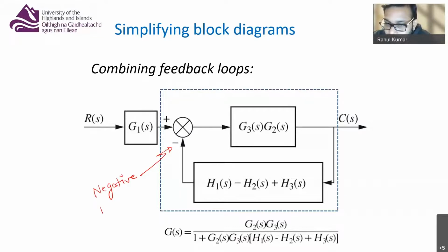Negative feedback. Okay, and I have replaced all the three feedback gains by a single feedback gain, or its equivalent feedback gain. Okay. Now, why do we use negative feedback?